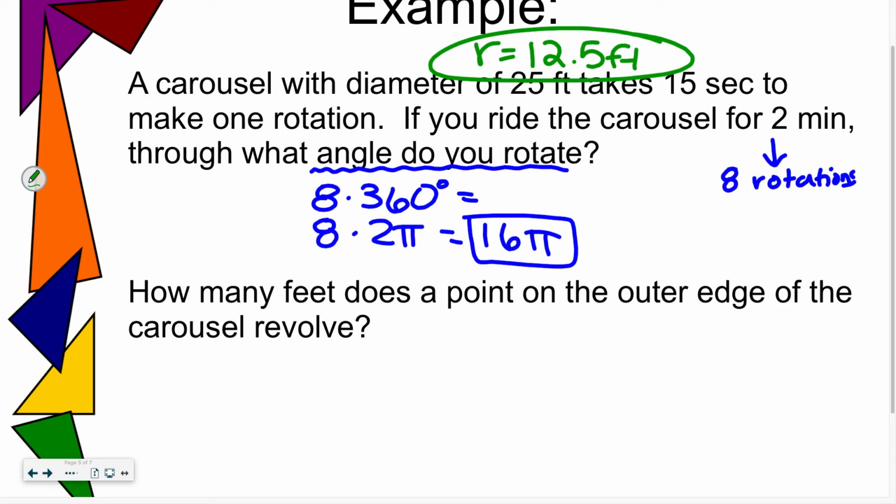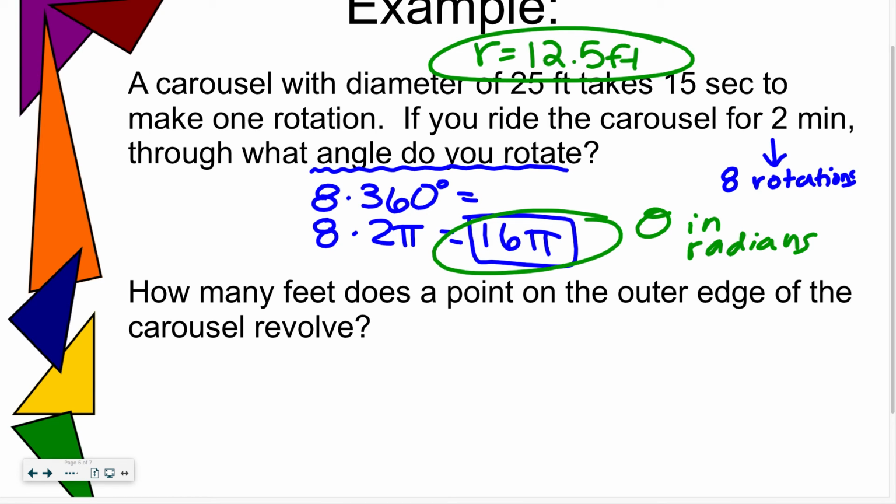And from the first question, what angle do I rotate? I have a theta in radians. If I'm on the outer edge of that carousel and I want to know how many feet I'm revolving, am I doing an area or an arc length on the outside?